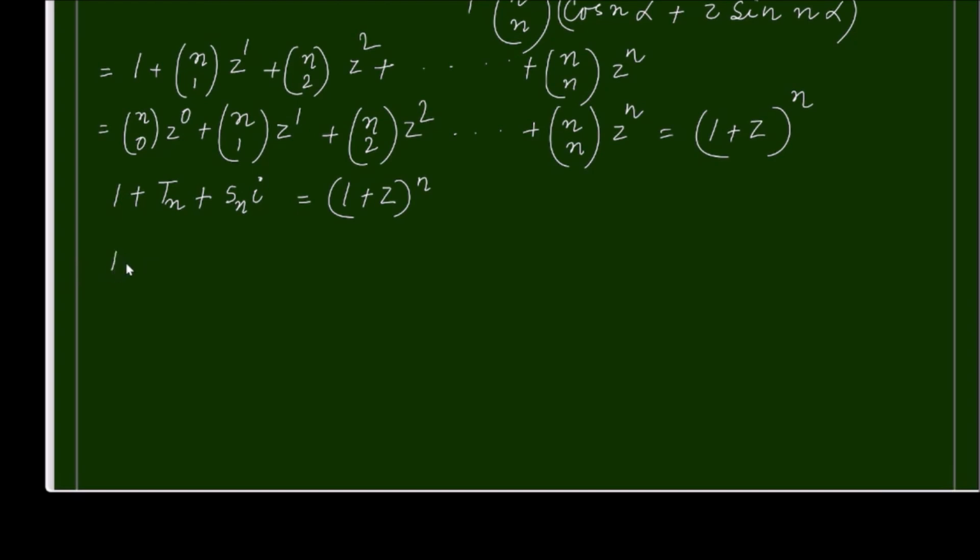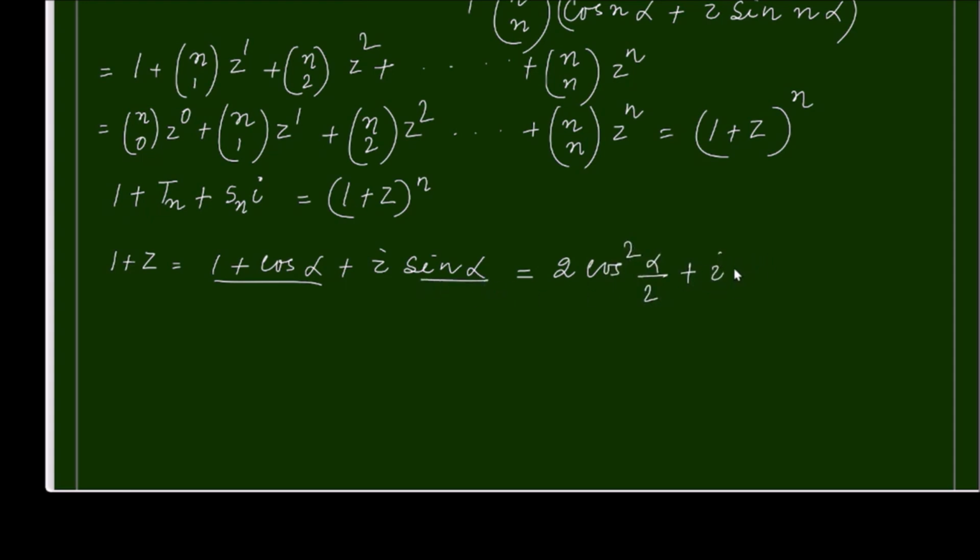Next, let us check what is 1 plus z. 1 plus z is 1 plus cos alpha plus I sin alpha. 1 plus cos alpha is equal to 2 cos square alpha by 2 plus I sin alpha.